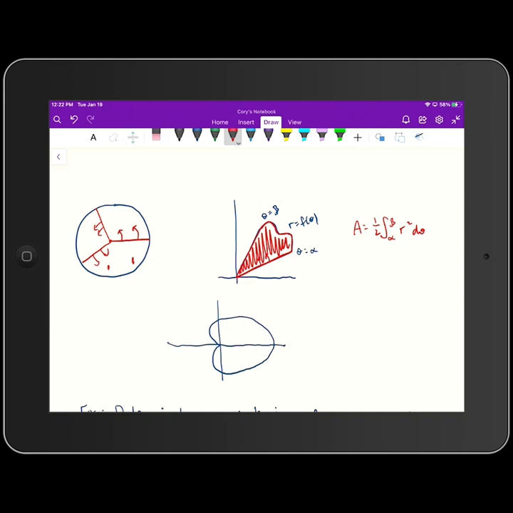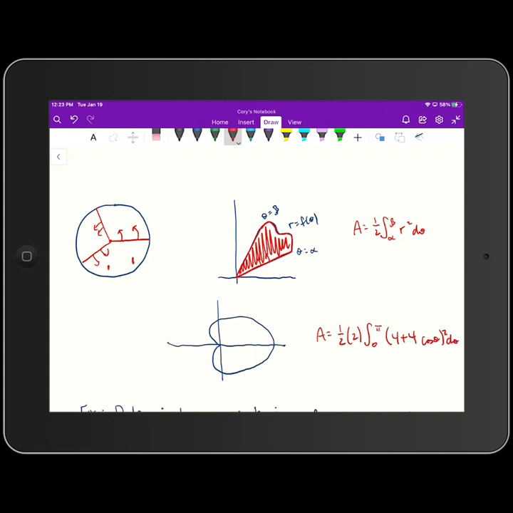So if we take the last example that we did in class for the cardioid, I think our setup for that was area equals 1/2, and then we multiplied it by 2 times the integral from 0 to pi, because our graph had symmetry. So it was 1/2 times 2 times the integral from 0 to pi of, I think our function was 4 plus 4 times the cosine of theta, which we squared and integrated with respect to theta.